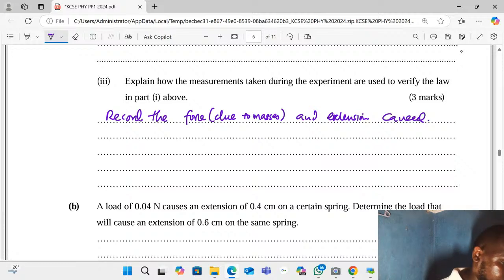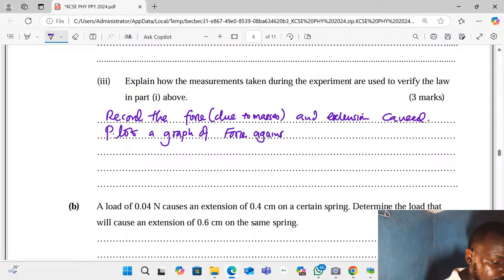Then plot a graph of force against extension.